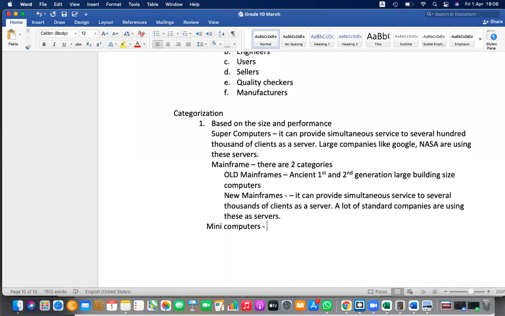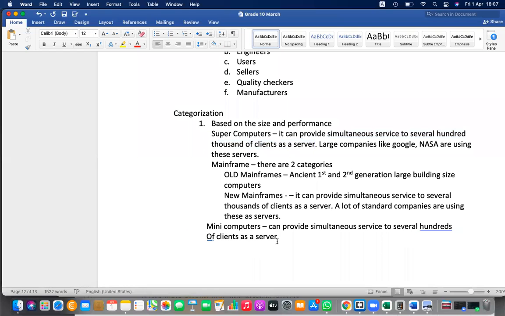Mini computers. Mini computers can provide simultaneous service to several hundreds of users, right? To several hundreds. It's not thousands, it's hundreds. Smaller in scale. Several hundreds of clients, right?